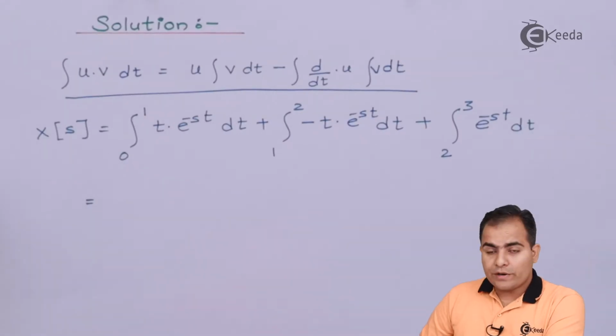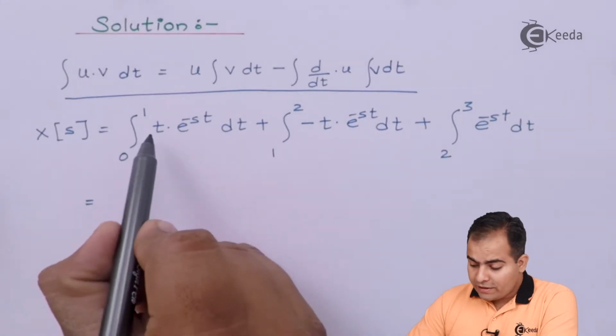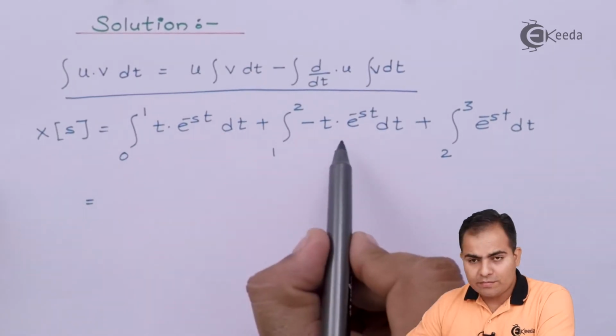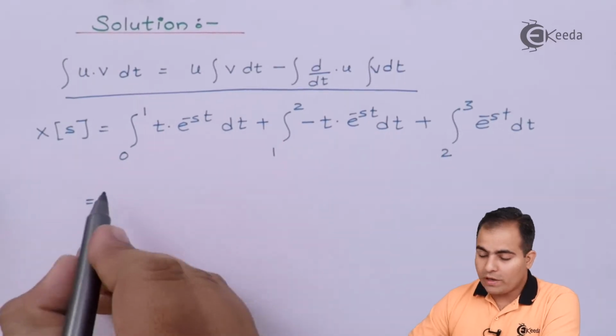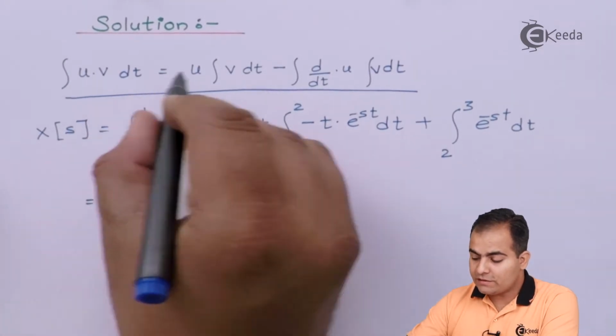Now look here. In the first part of integration, as I told you earlier, in both the first and second parts, t is my u whereas v is my exponential part. So according to the formula, I am going to place all the values in this formula.